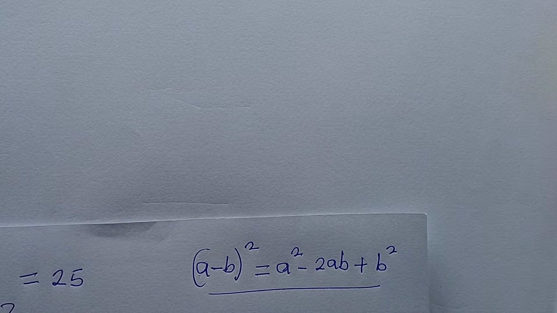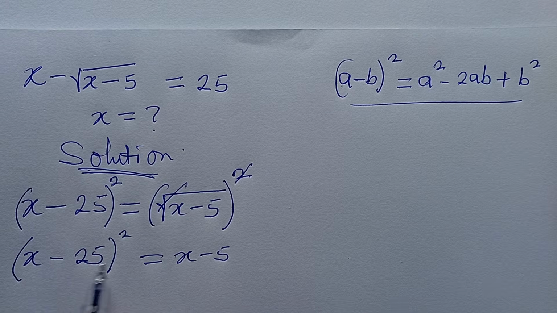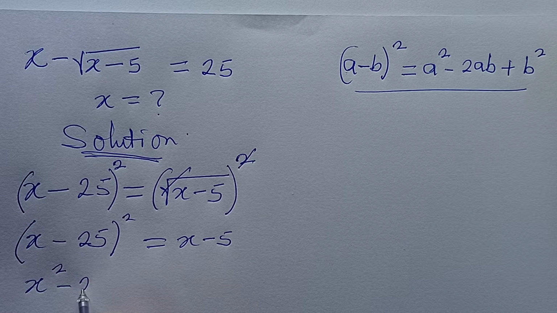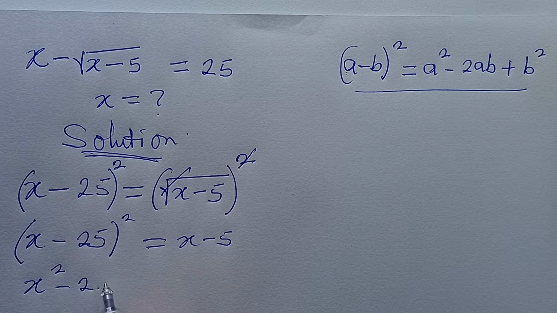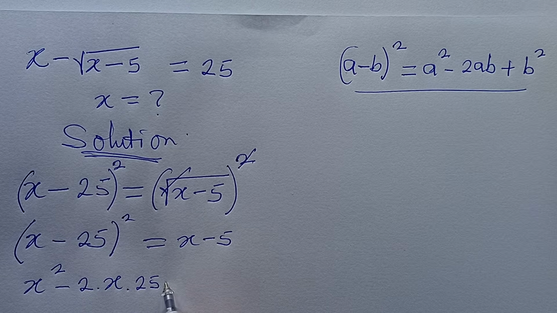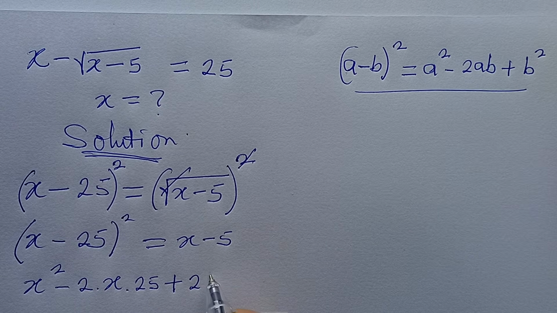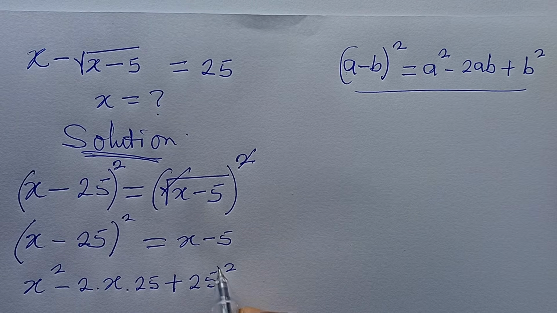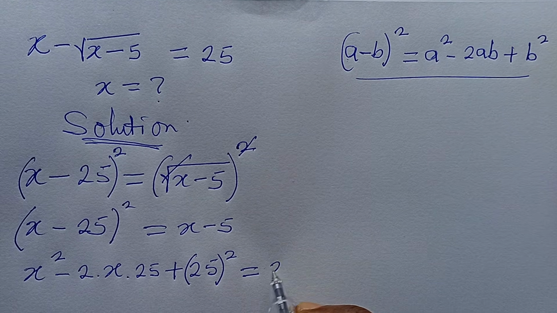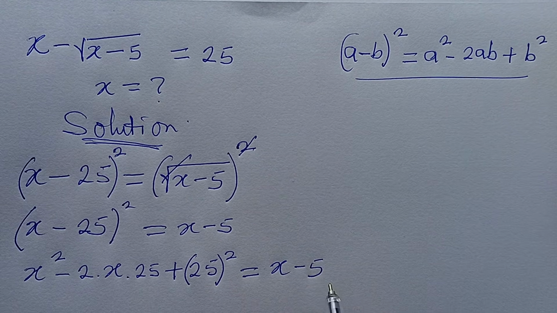So if we apply this rule, we're going to have x to the power of 2, minus 2 times x times 25, plus 25 to the power of 2. We put this in bracket, everything equal to x minus 5.